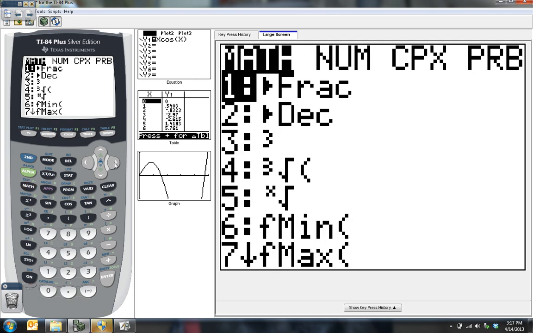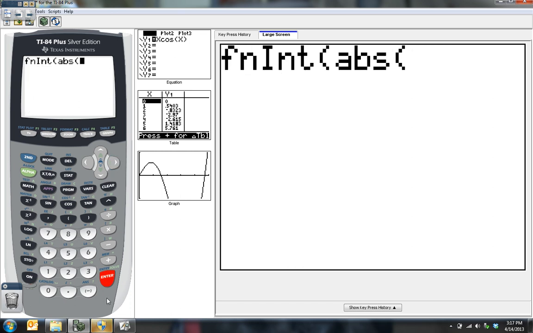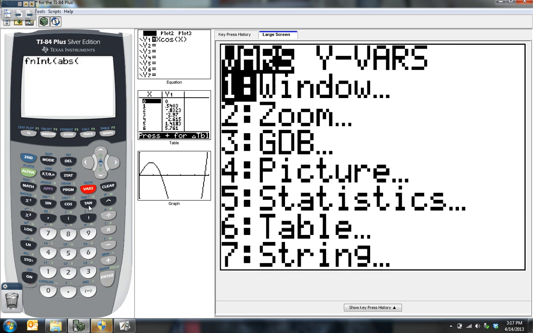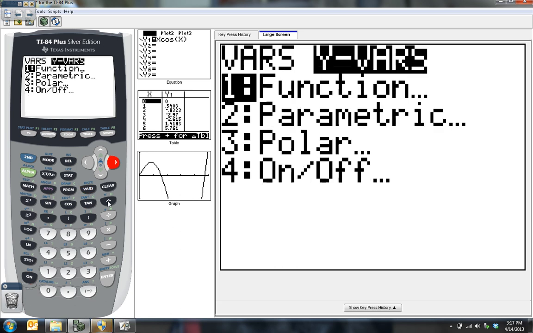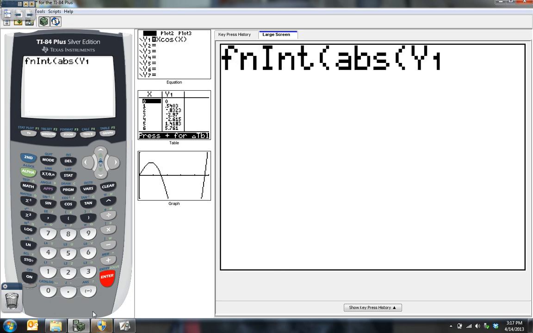That's where absolute value is, and hit Enter. Then you're going to go to Vars, go over to Y-Vars. That's where your functions are. Hit Enter. And there's Y1, so hit Enter. And so t cosine t is already programmed in for you, so you don't need to do it again. Comma X, comma, and then you're going from 0 to 5, so 0, comma, 5. And close your parentheses.